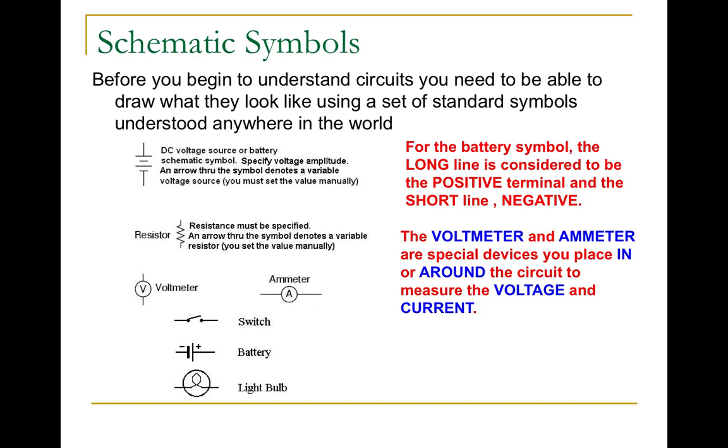The reason for that is voltmeters have a very high resistance. You don't want electrons to actually travel through them. You just want the voltmeter to take a reading of the electron potential at different points. The ammeter has a very low resistance. So when you actually put an ammeter in your circuit, it's not going to change anything about your circuit. It's just going to allow electrons to go through it so it can read the current.